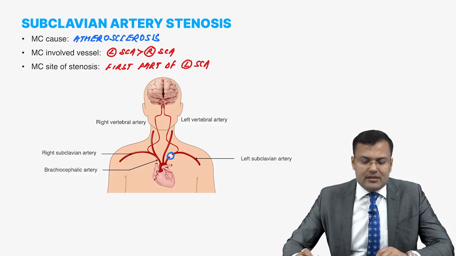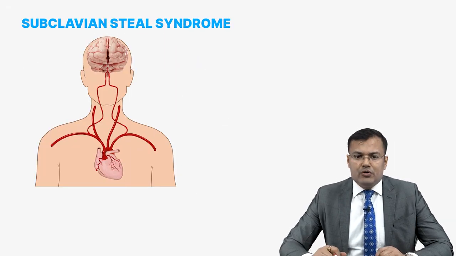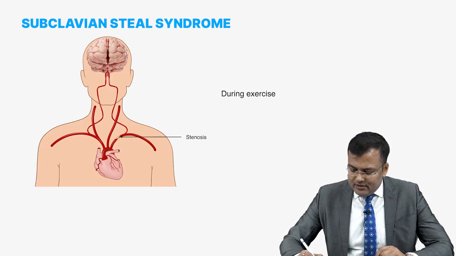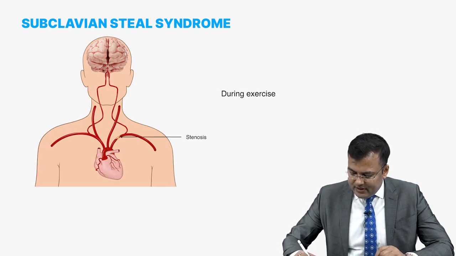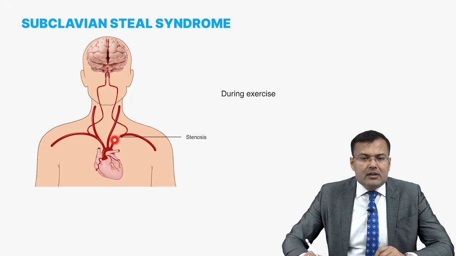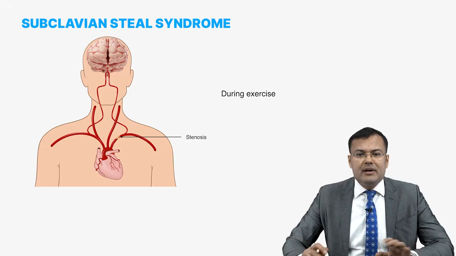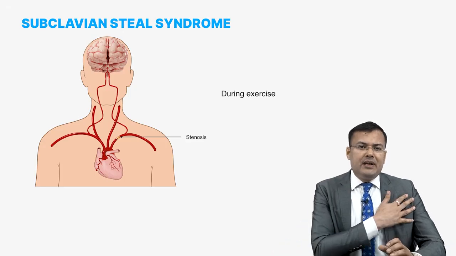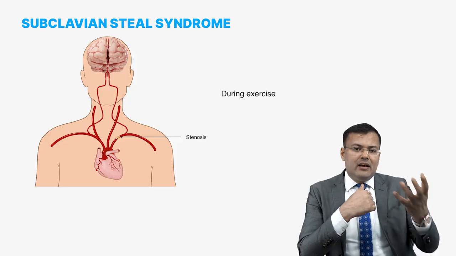Subclavian artery stenosis. Now, what is the problem? In this image, you can notice, where is the stenosis? You can see the stenosis, right? Just distal to the origin of left subclavian artery, and it is proximal to the origin of what? Vertebral artery. Now see, I'm doing some work or exercise with the left upper limb.